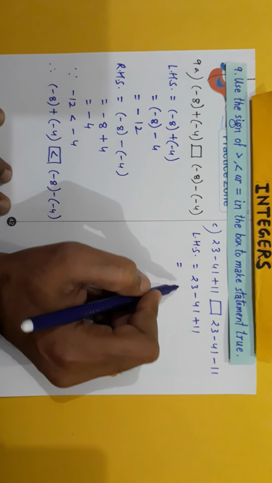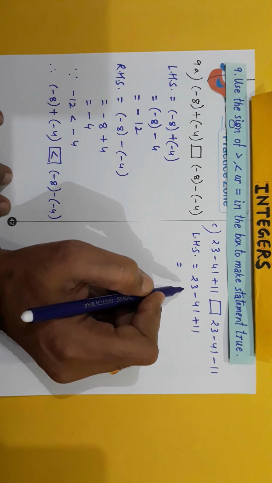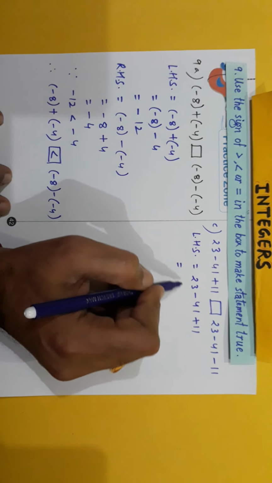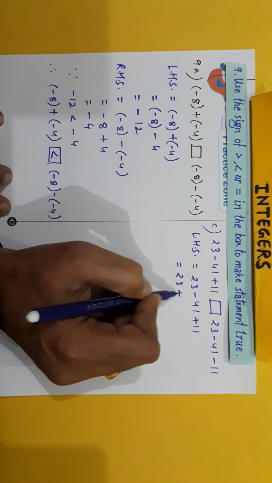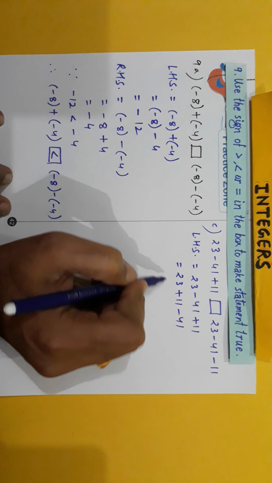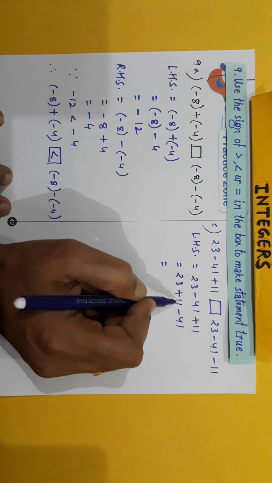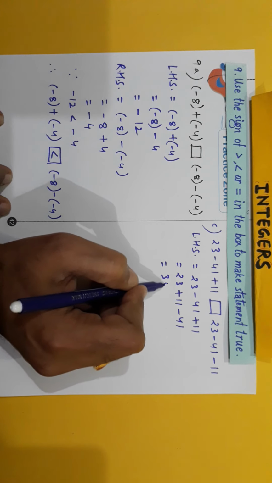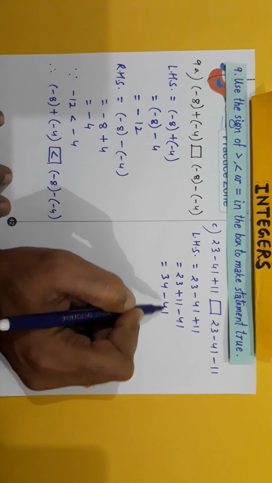What we will do over here is bring the same sign numbers together. It means this is positive, this is positive. So 23 plus 11 minus 41. Now if you add these two numbers, 23 plus 11 will be 34 and minus 41.